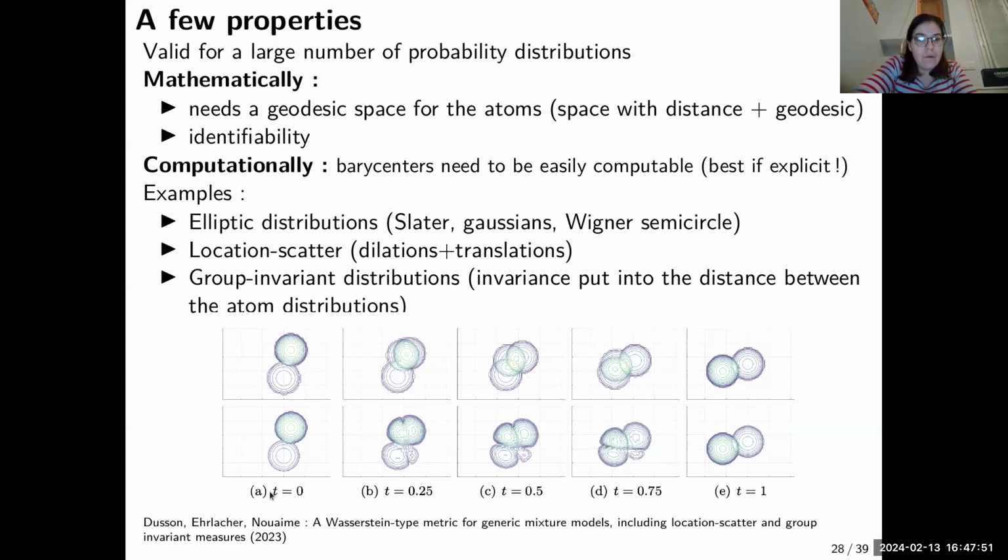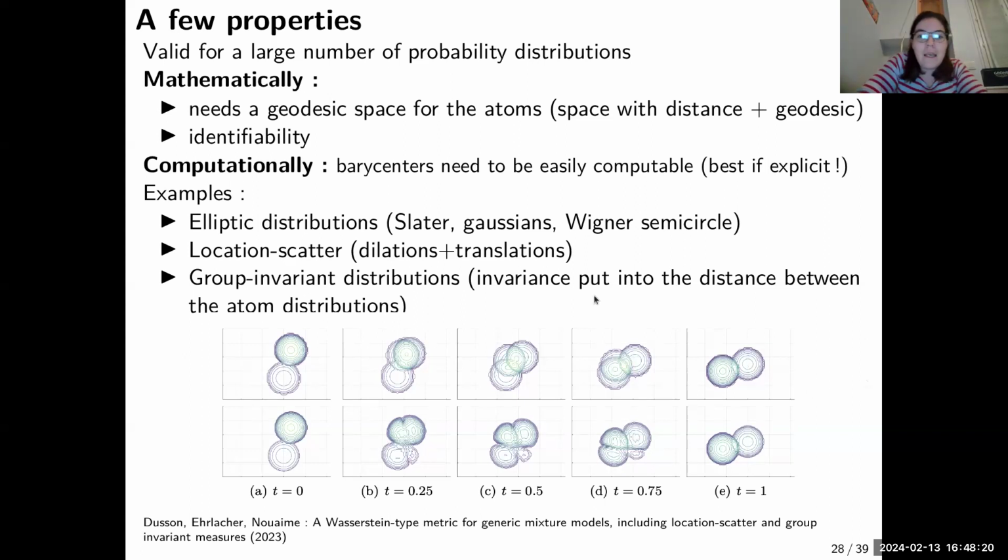And we look at the Wasserstein and modified Wasserstein barycenters between these two mixtures using either the exact Wasserstein metric or the modified Wasserstein metric. The exact Wasserstein barycenter is represented in the bottom line of the figures, and the modified Wasserstein barycenter is represented in the upper line of the figures.